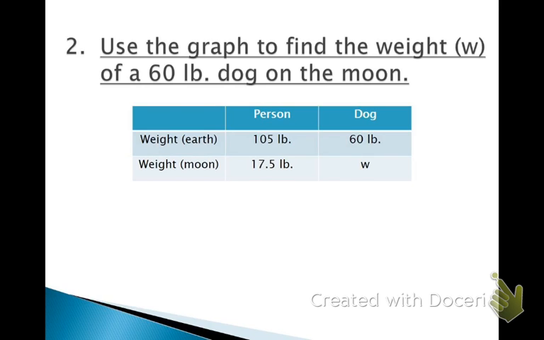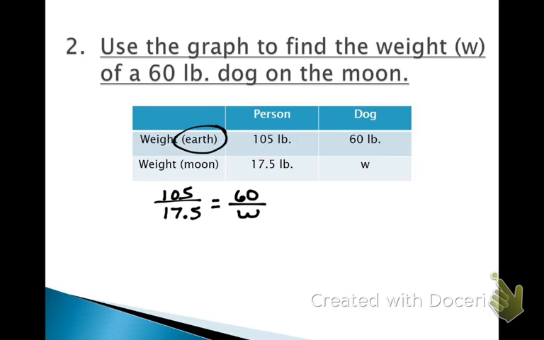Okay, I'm going to give myself a little more room. 105 pounds over 17.5 pounds equals, now, because I have the Earth up on top, do you think that I should put the weight of the dog for the Earth on top or on bottom? On top. If it's equal to each other, then it has to be the same exact thing that I did in my first ratio, okay? And then W is going to go underneath.